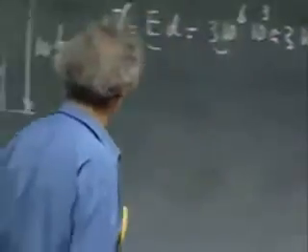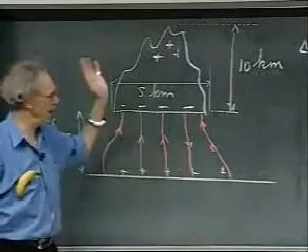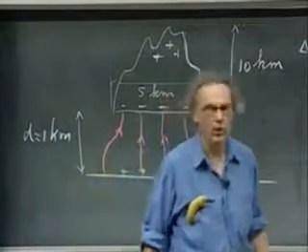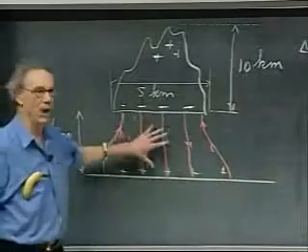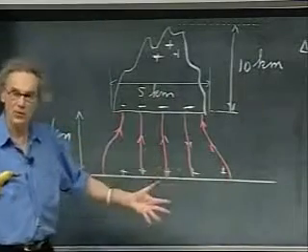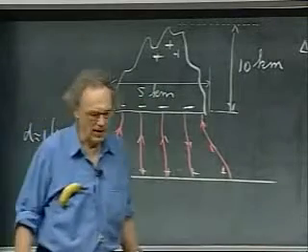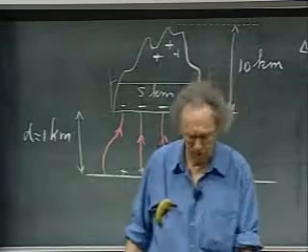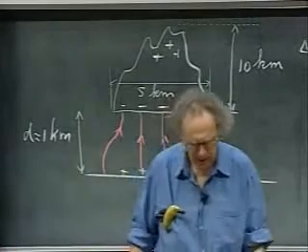And during these 5 or 10 return strokes, you exchange between the cloud and the Earth maybe a total of 25 to 50 Coulomb, and that of course will lower the potential difference. And if the potential difference becomes too low, then the process stops. You have to wait now for the cloud to charge up again, and then lightning will strike again. And that can take anywhere from maybe 4, 5, 10, 20 seconds. And then you get another lightning bolt.